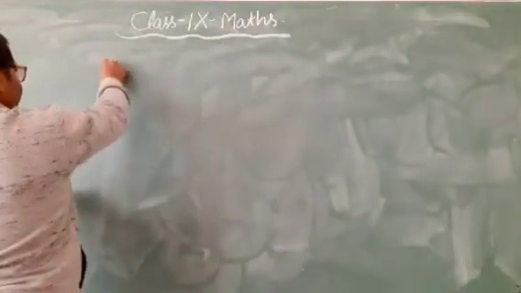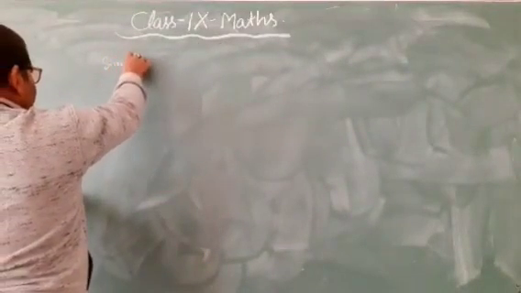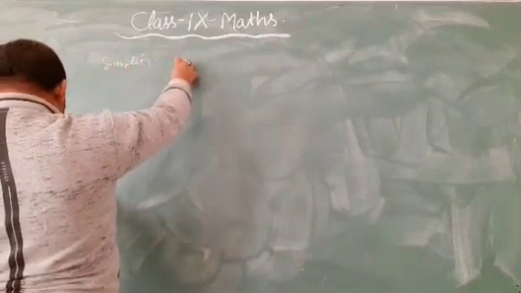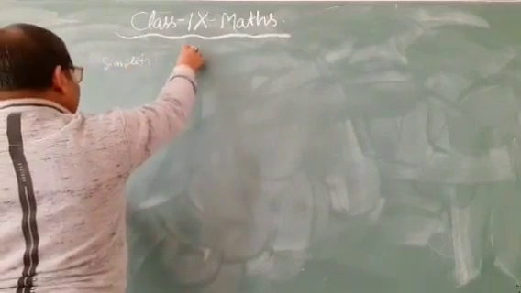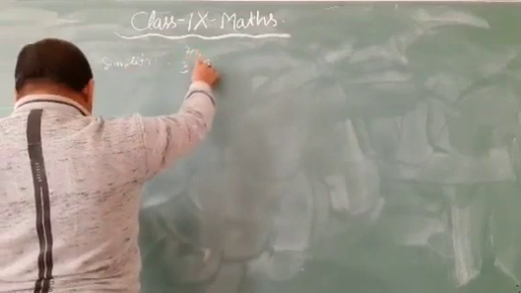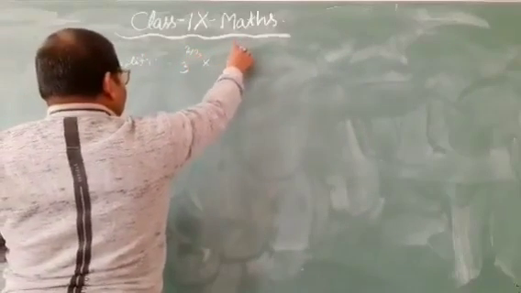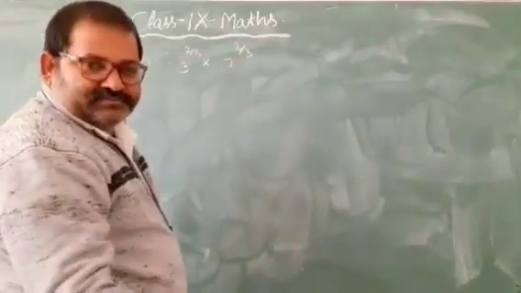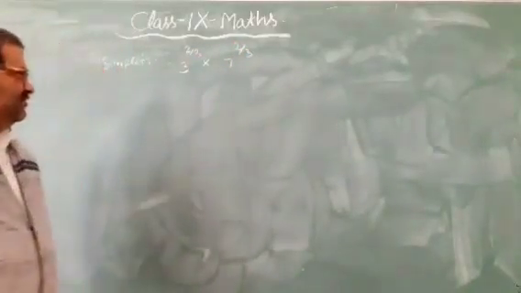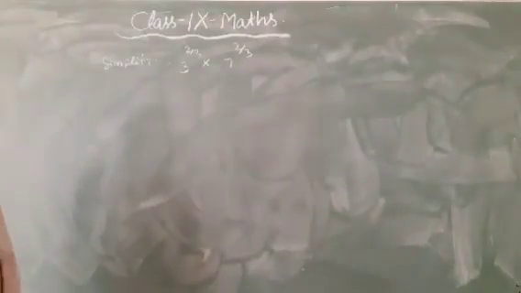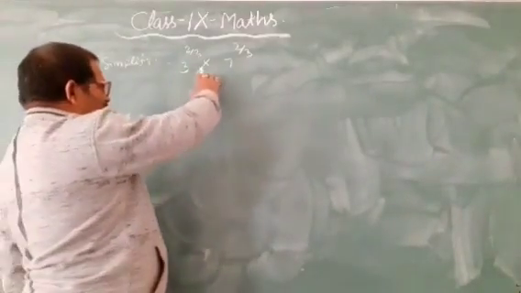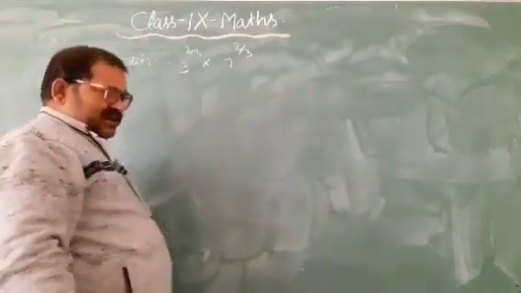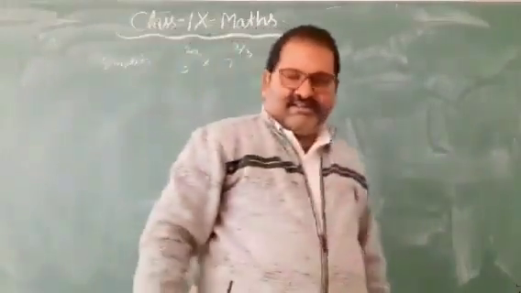Simplify 3 power 2 by 3 into 7 power 2 by 3. Now in this question the bases are 3 and 7 and the exponent is 2 by 3.